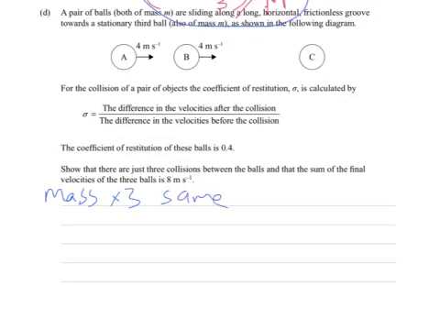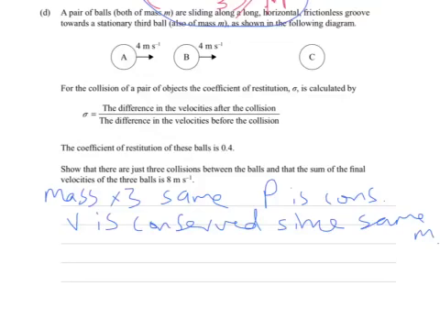If momentum is conserved, which we know it has to be, then all of your momentum equations become velocity equations. So velocity is conserved, since they're all the same mass. I don't know if you can see how that works. So now you can set out to prove that by using this formula.